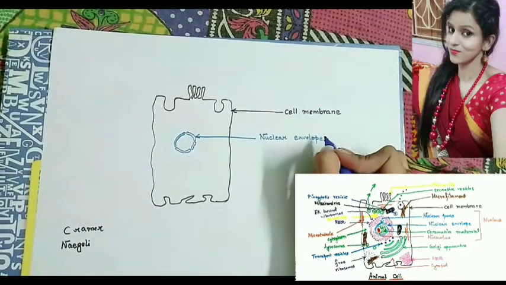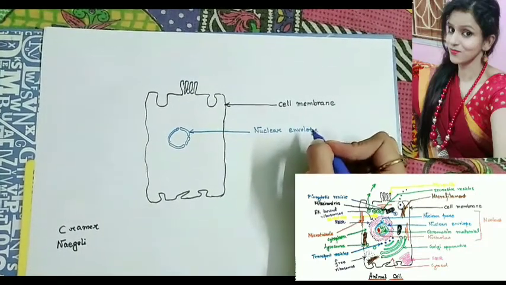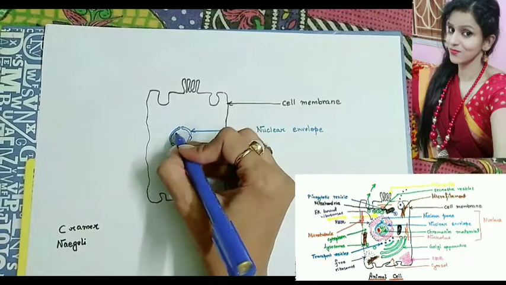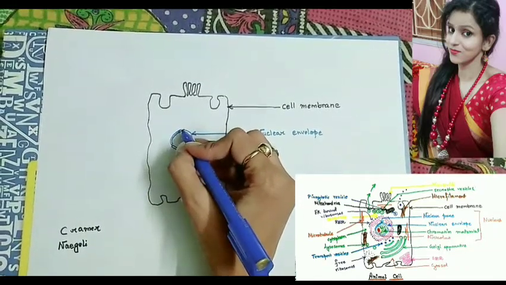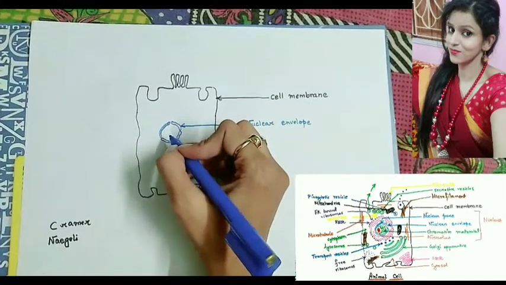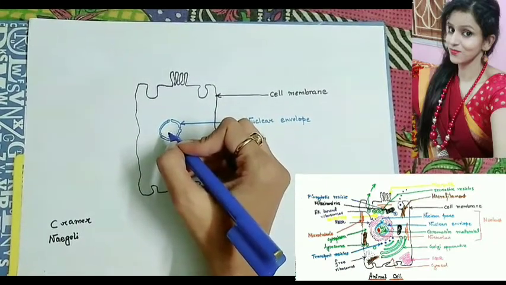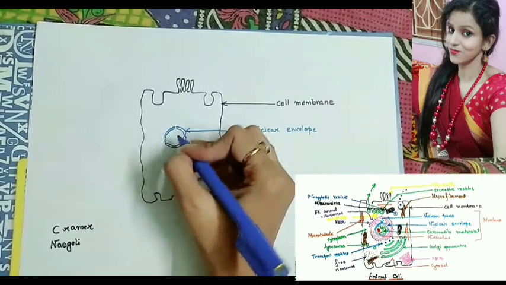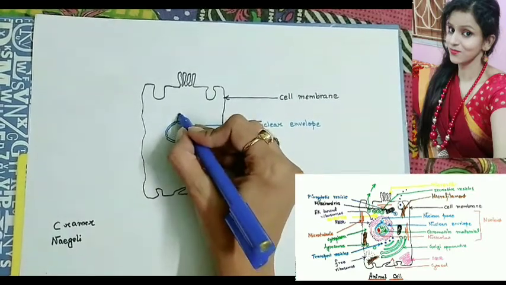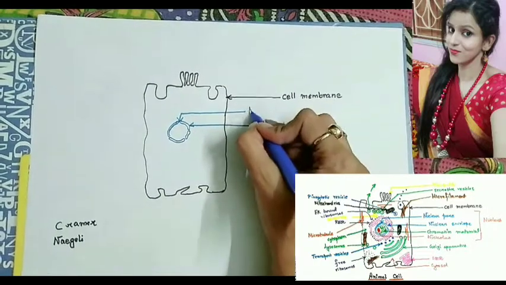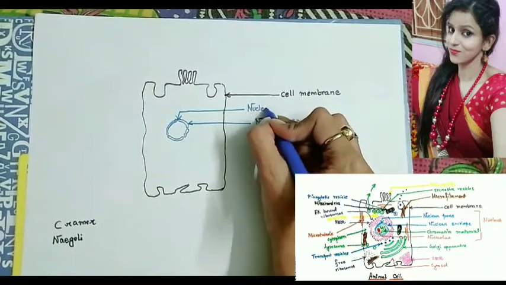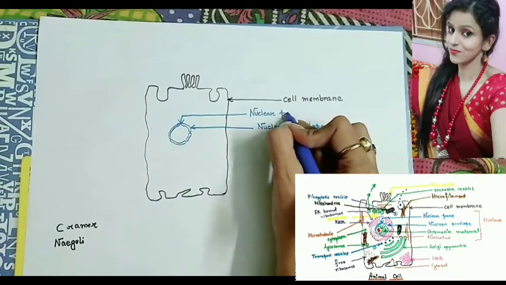This is the outer covering of the nucleus, and as you can see, in between the nuclear membrane there are some gaps, or some pores. So this is known as what? Do you know? This is known as nuclear pore. Let me label that also. Now you can ask what is the main function of this nuclear pore?